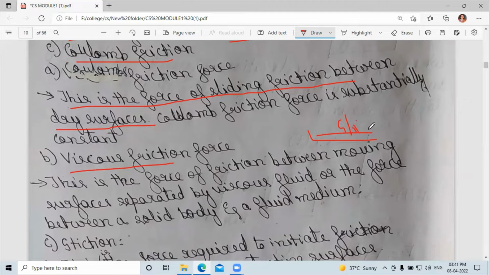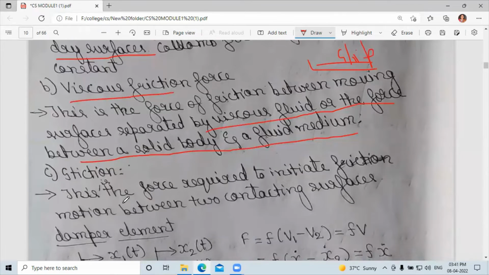Viscous friction is the force of friction between moving surfaces separated by a viscous fluid, or the force between a solid body and a fluid medium. Next, we have static friction.